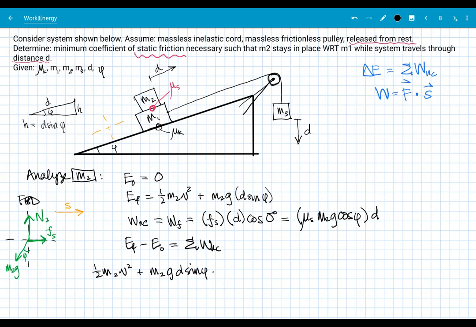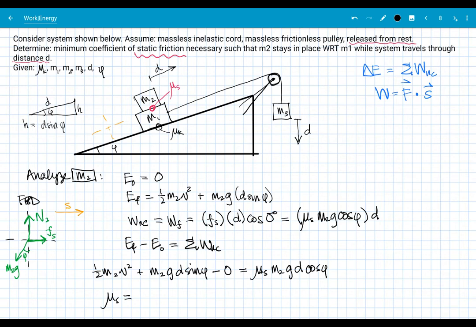That's my final energy minus my initial energy, which is 0, is equal to the non-conservative works. And I have one non-conservative work and it's positive here. So mu sub s, that's the thing I want, times m2 g d cosine phi. All right, and then my job here is to solve for mu sub s.